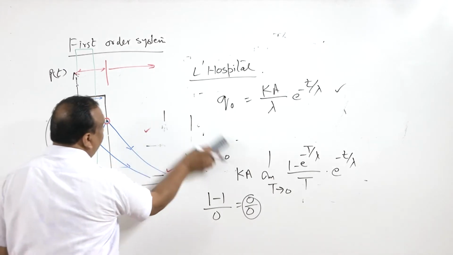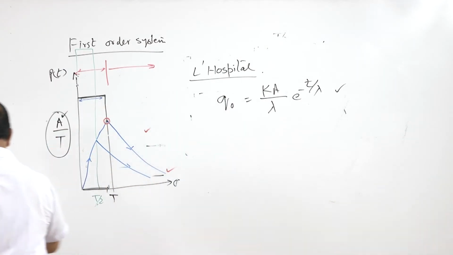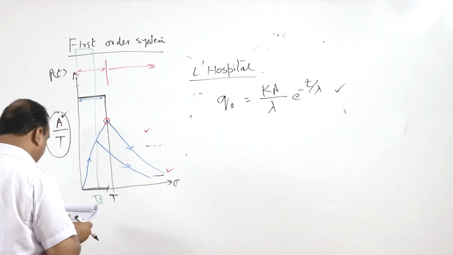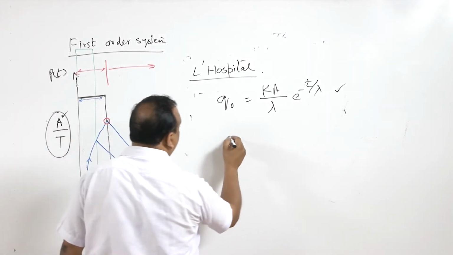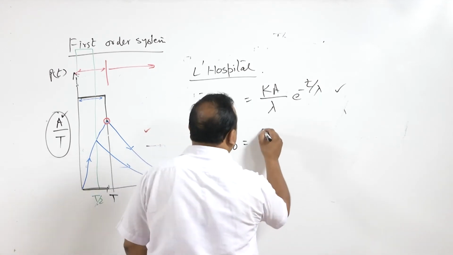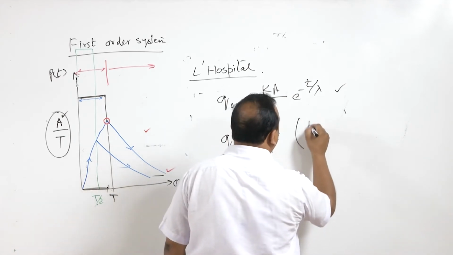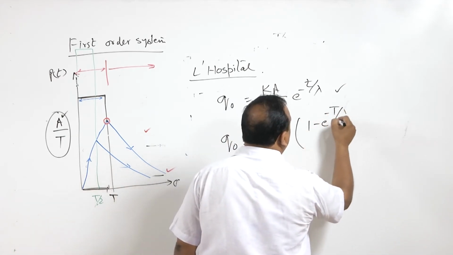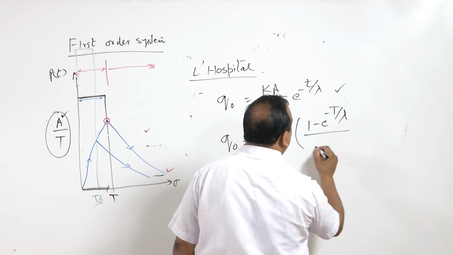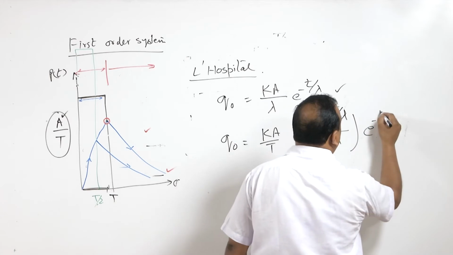The approximate solution I have given you earlier, for this part of the response, is Qo is equal to Ka by T, 1 minus e raised to power minus T by lambda, divided by e raised to power minus T by lambda, e raised to power minus t by lambda.